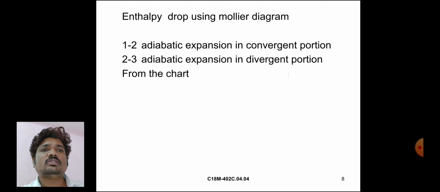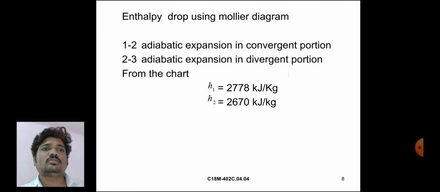From the Mollier chart, H1 enthalpy is 2778 kilojoule per kg, H2 is equal to 2670 kilojoule per kg, and H3 is equal to 2090 kilojoule per kg.